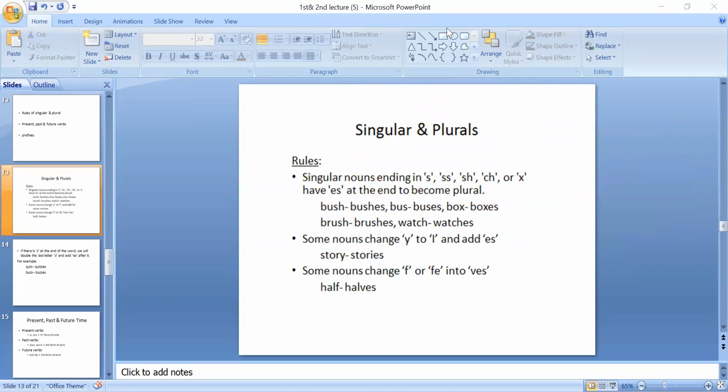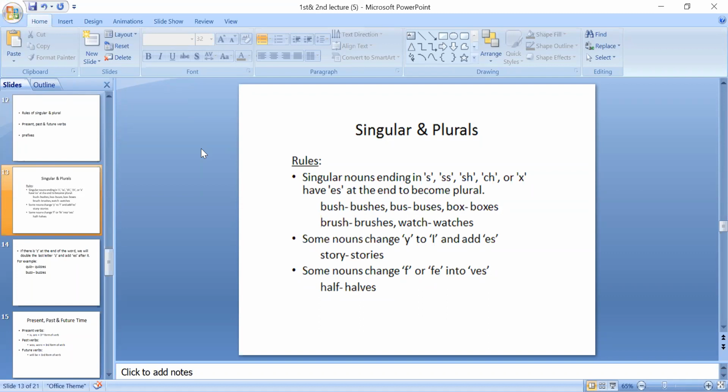Okay, next word is bus. Look at the word. Bus is ending with s. We'll add es to make it plural. Bus, buses. Next word is box. This word is ending with x. So again, we'll add es to make it plural, and that is boxes. Next word is brush.